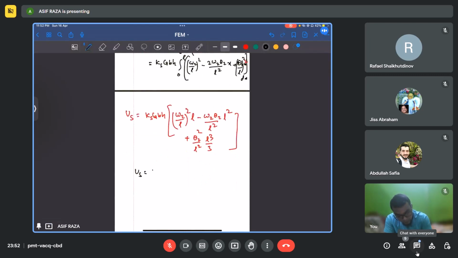US equals Ks G B H, W2 square upon L minus W2 theta2 plus theta2 square L by 3.